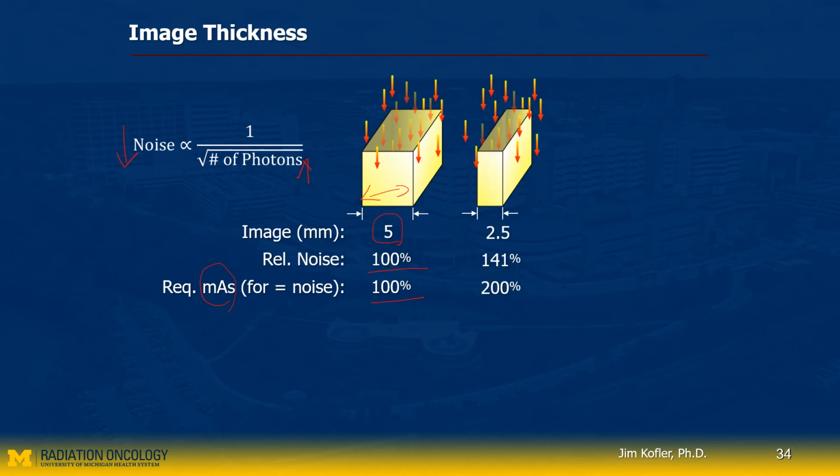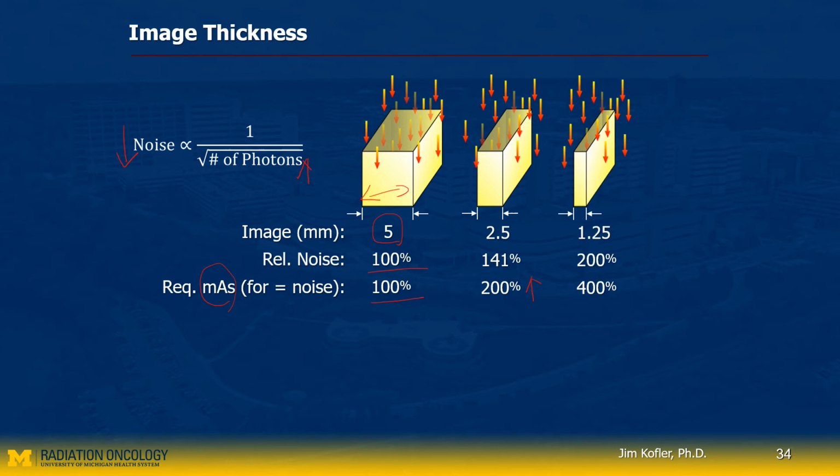If your slice thickness is reduced by half, so 2.5 millimeters, and you use the same current, you end up having noise of 141%, because the number of photons coming to the detector is cut by half. Then if you want to achieve the same relative noise, you have to increase your current by a factor of 2.